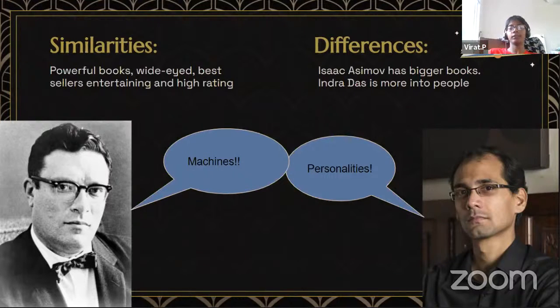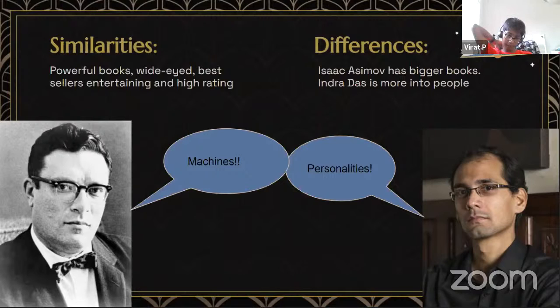And the difference is that Isaac Asimov has bigger books and he's more into machines, like I, Robot and Caves of Steel. He does a lot with machines, computers and robotics in his work, while Indrapramit Das is more focused on people, because even if there's a lot of technology in the stories, he usually mentions the people as much as possible.